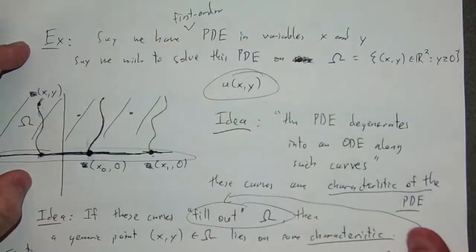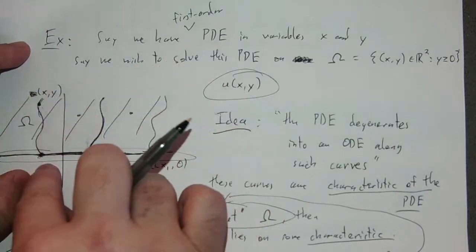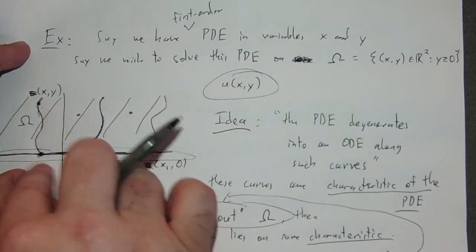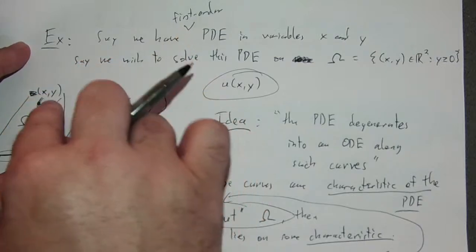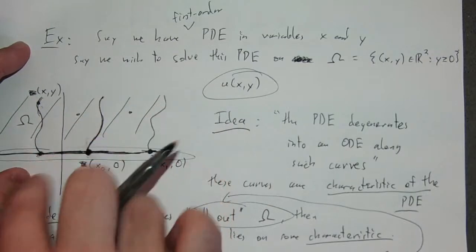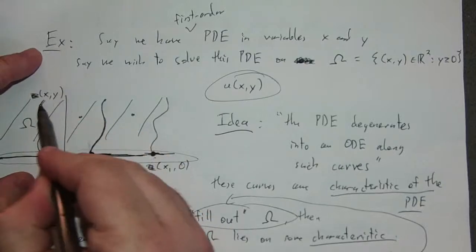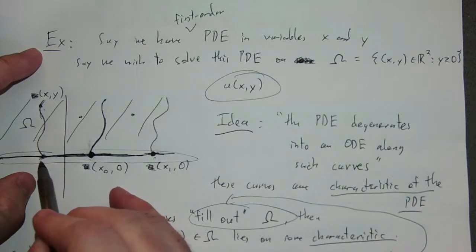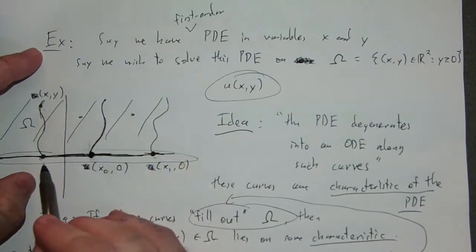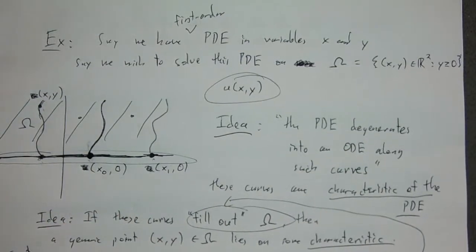That data allows me to solve the ODE that tells me exactly the behavior of that solution corresponds to the behavior of the data at that point of intersection between this unique characteristic curve that passes through that point intersecting the x-axis here. So this is how we do it, right? We have a generic point. Generic point lies along a characteristic. Characteristic intersects the x-axis. On the x-axis, we have data specified. The behavior of the solution matches the behavior of that corresponding data specified at that point of intersection. So that is how this process works.